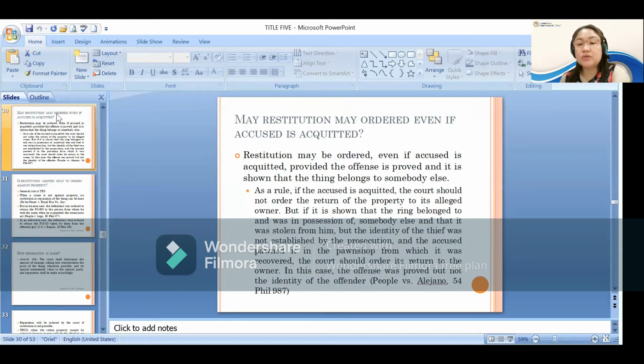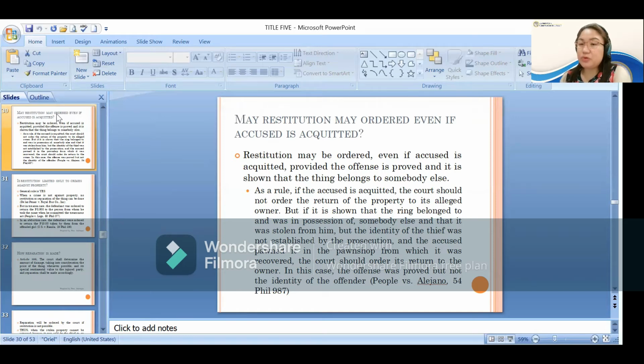As a rule, if the accused is acquitted, the court should not order the return of the property to its alleged owner. But if it is shown that the ring belonged to and was in possession of somebody else and that it was stolen from him, but the identity of the thief was not established by the prosecution and the accused pawned it in the pawn shop from which it was recovered, the court should order its return to the owner. In this case, the offense was proved, but not the identity of the offender.